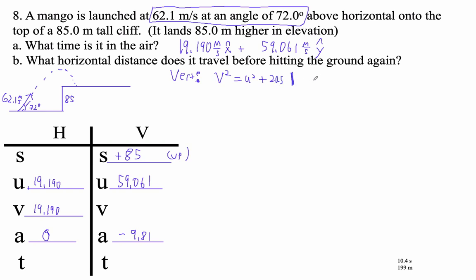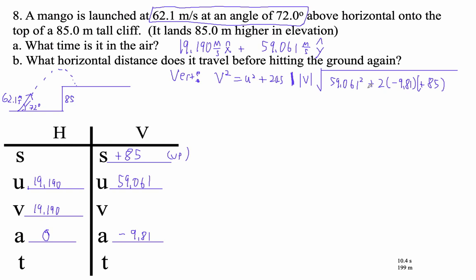So that's going to be the absolute value of v is the square root of 59.061 squared plus 2 times negative 9.81 times positive 85. All right, let's see, let's find this. I got it, all right.